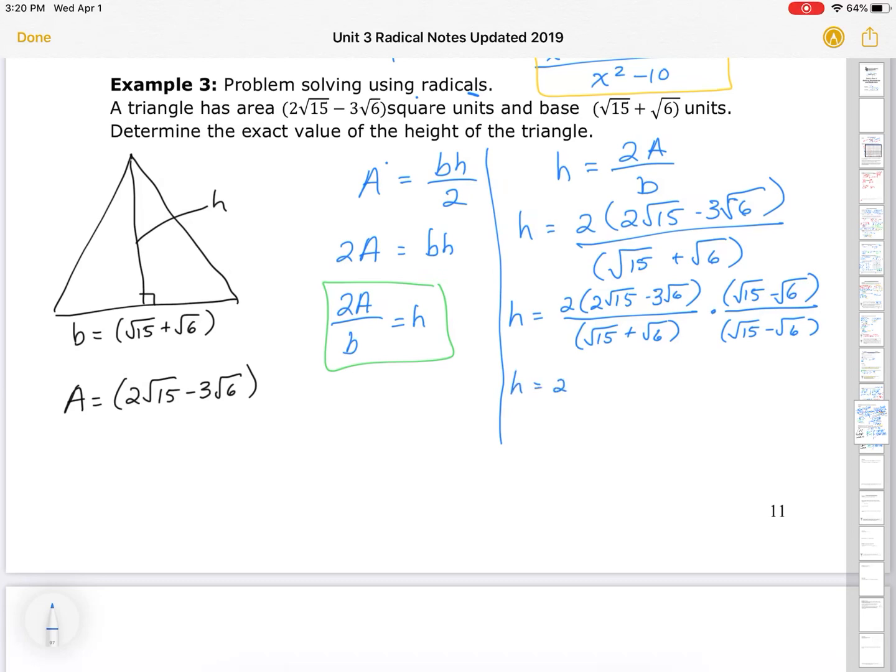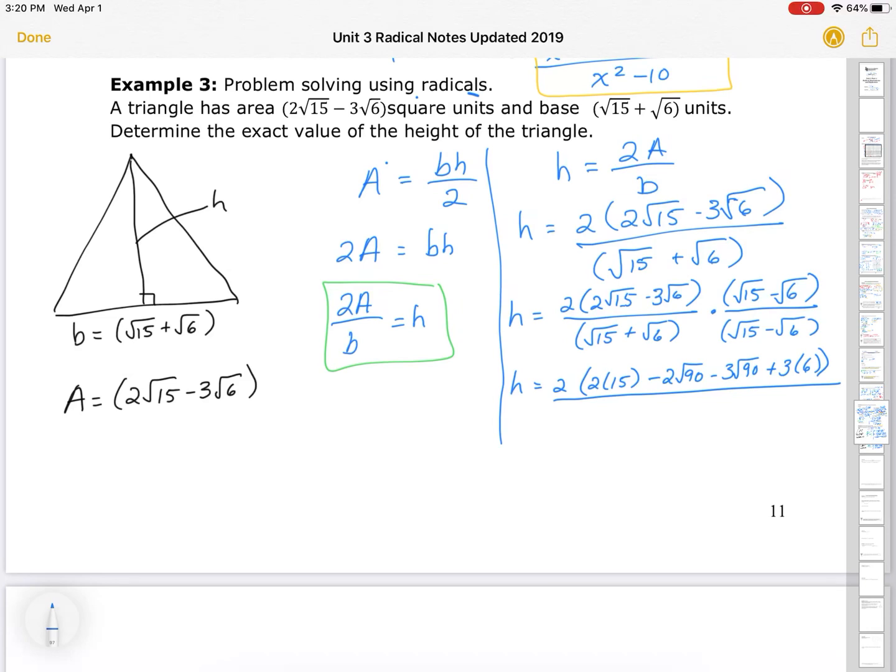And I'm going to simplify. Now I'm going to wait to distribute that 2. So we'll leave it out here and we'll FOIL. When I FOIL this, I get 2 times 15, because root 15 times root 15 is equal to 15. Then I get minus 2 root 90. Then minus 3 root 90.